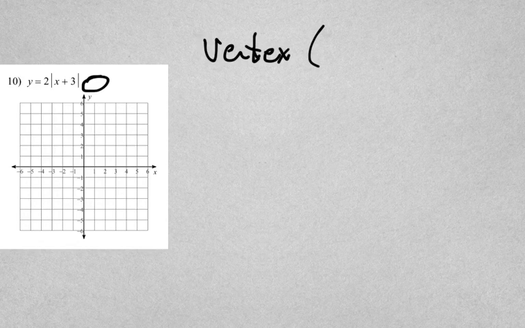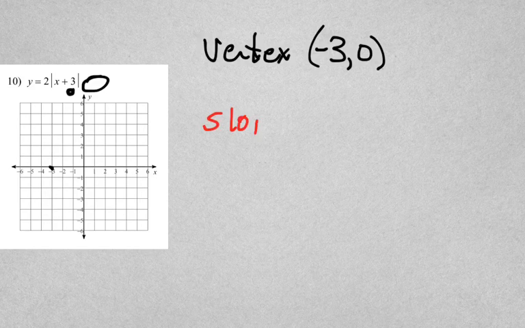Number 10. We're missing the number on the outside, so on our vertex, we are at opposite of inside, so -3, comma, 0. And then we are going to move with our slope, so our slope is +2.